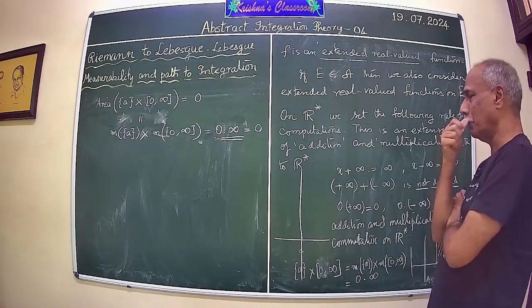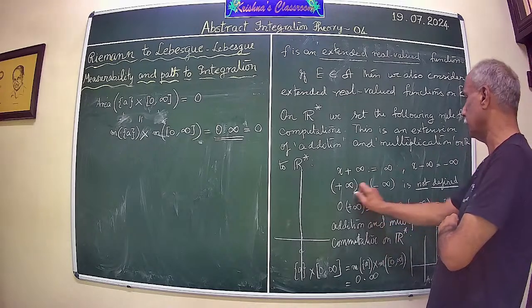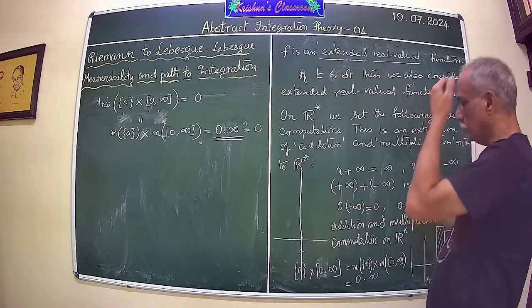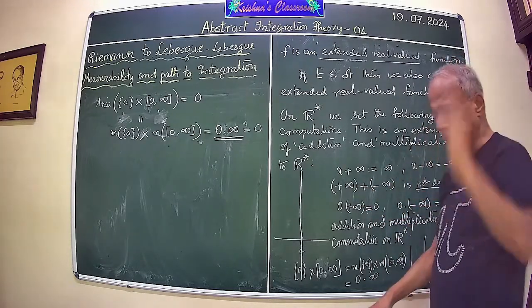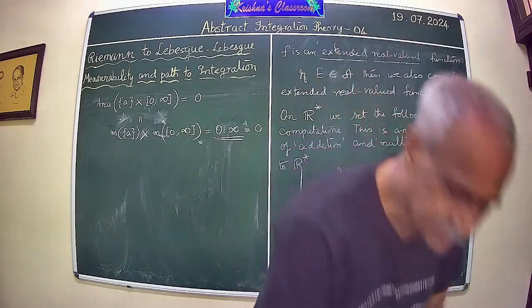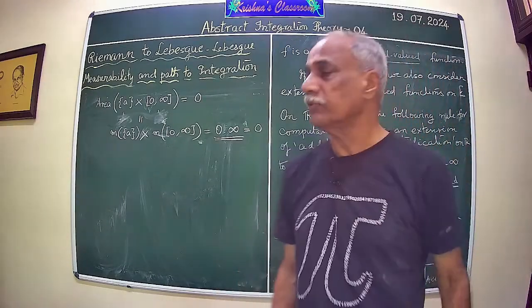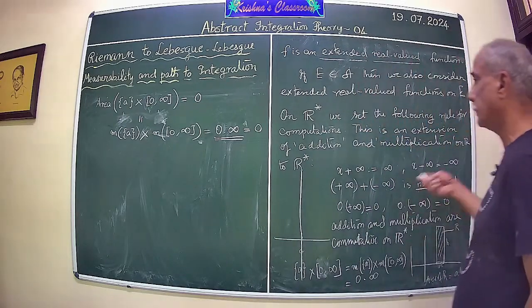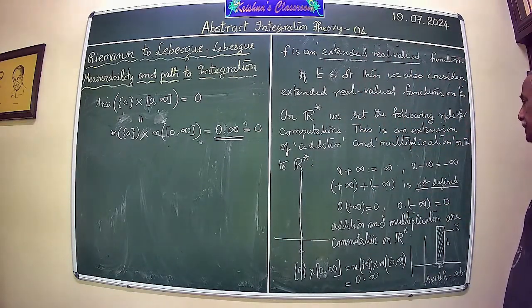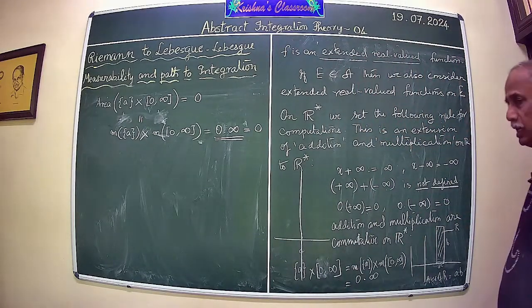So we write plus infinity minus infinity is not defined. These are the two things. With this caution, we extend the addition and multiplication.